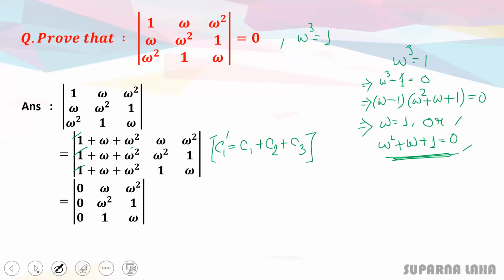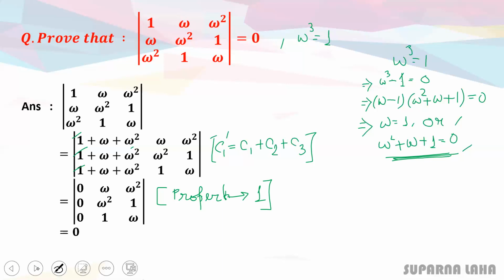Okay. So look at this first column: it is 0. And look at the first property. Property number 1 says that if any row or any column is completely 0, the determinant of this matrix is 0, right?